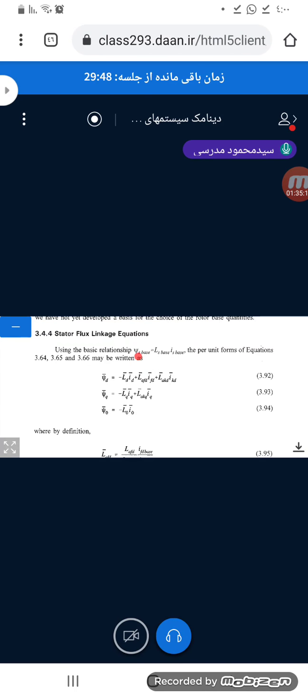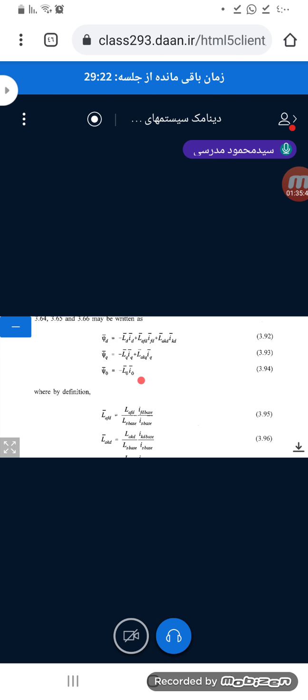That is, psi is equal to L multiplied by i. So psi_d, psi_q and psi_0 in per unit are equal to this equation.